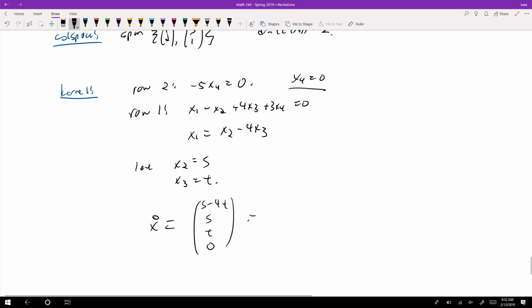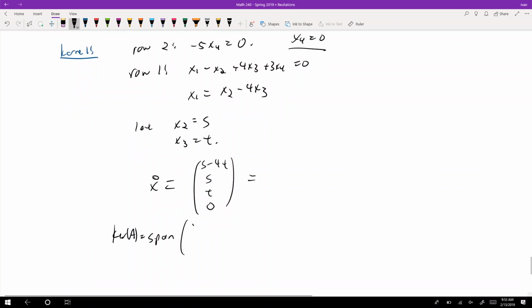The kernel then is the span of, essentially just factoring out the coefficients, (1, 1, 0, 0) for the s's and (-4, 0, 1, 0) for the t's. So this dimension is also 2.